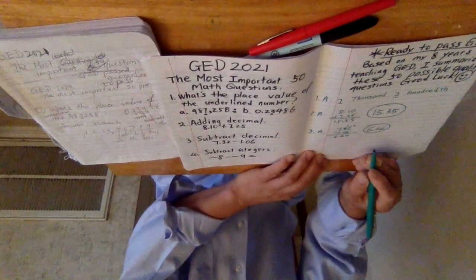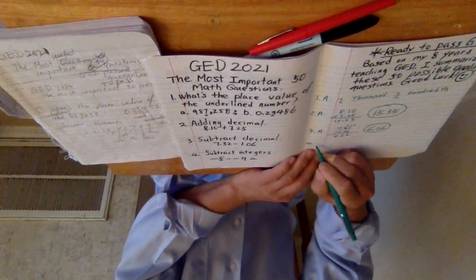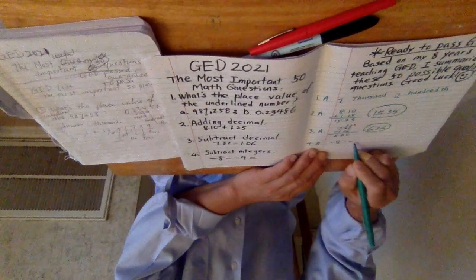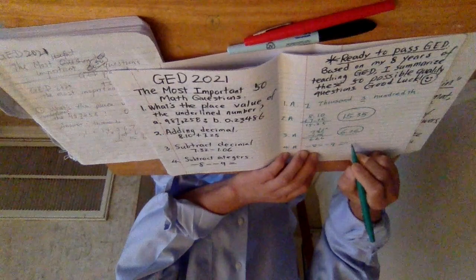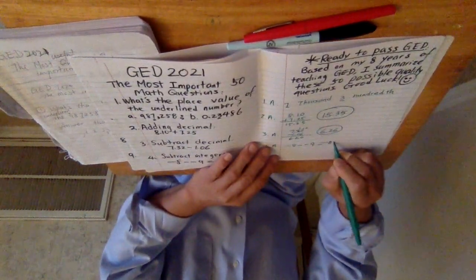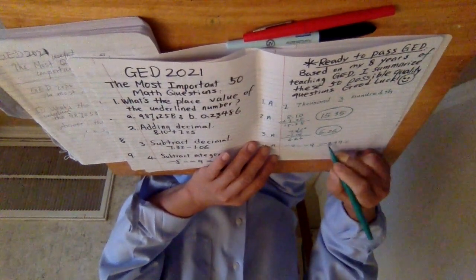Number 4, subtracting integers. We have negative 8 minus negative 9. When we have a double negative, it becomes positive. So it becomes negative 8 plus 9. 9 minus 8 is 1.